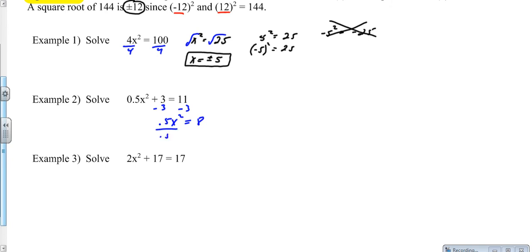Divide by 0.5, and we will get x squared equals 16, because 8 divided by 0.5 is 16. Now we can go ahead and undo the square, and we will get x equals the square root of 16, which is 4, but because it's written in this form, there's two possible answers.